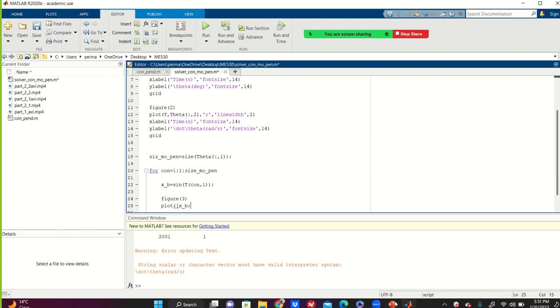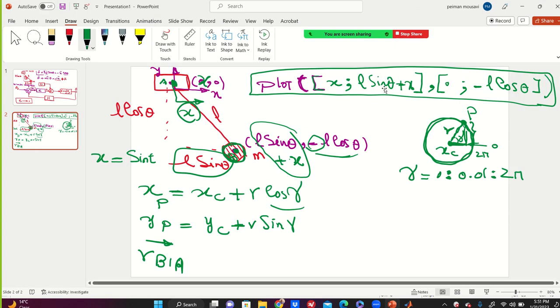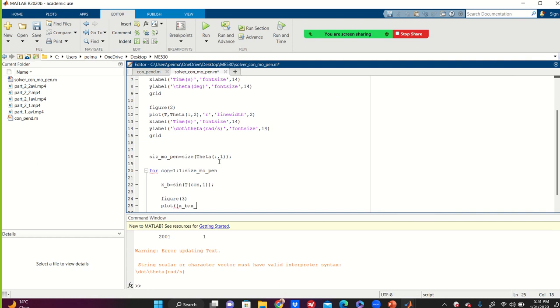And as I told you here, L sine theta plus x. So again, x of base plus L sine theta. But I have to put here what? The counter, because I want to get frame by frame. This is your x.